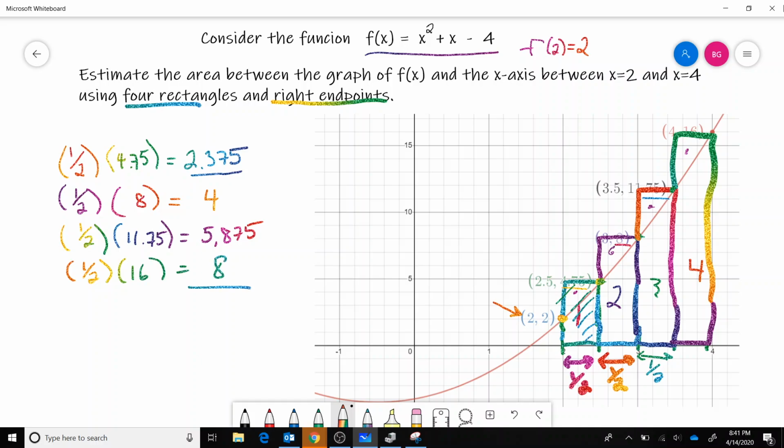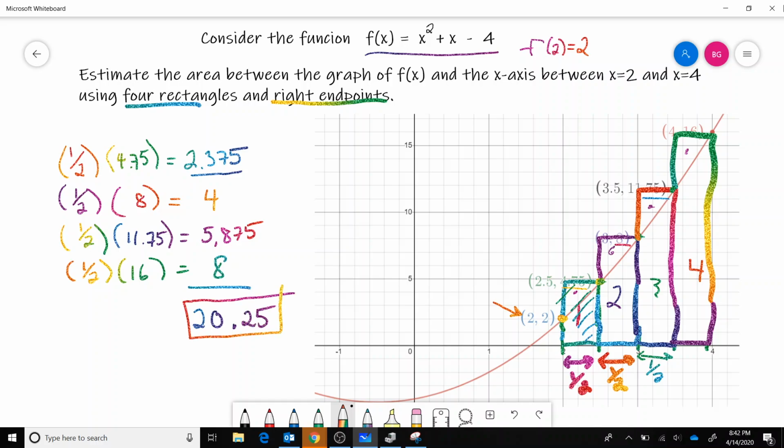When I add up all these 4 areas, and I'm just going to pull out my calculator real quick to make sure I'm doing this math real good here. 2.375 plus 4 plus 5.875 plus 8 comes out to be 20.25.